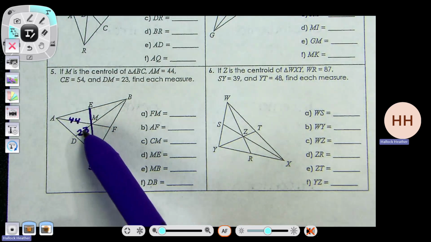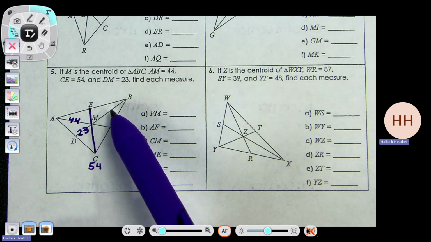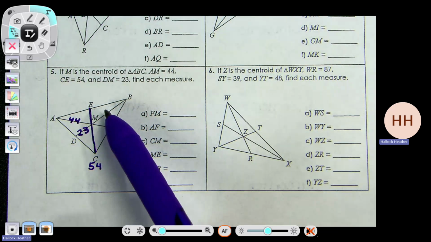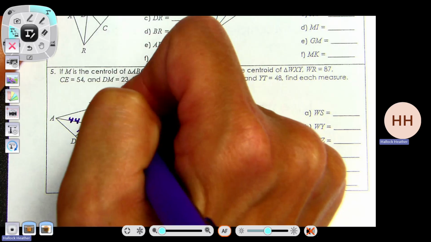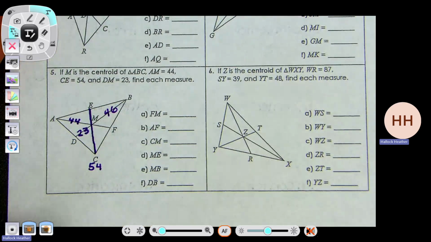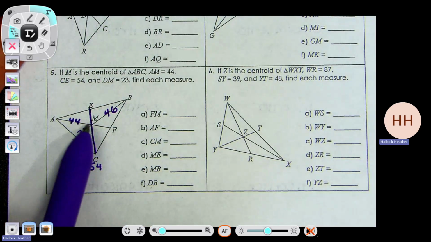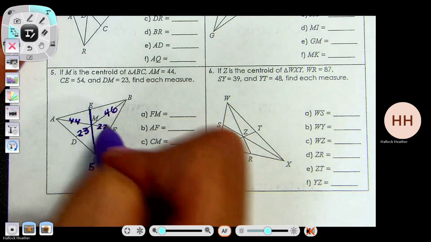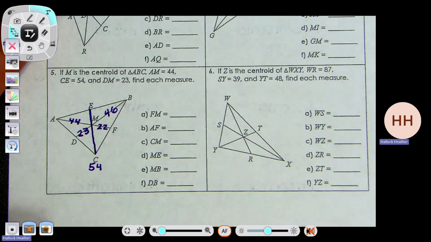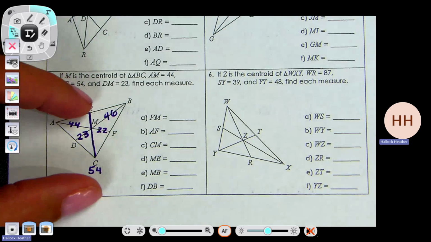So if this piece is 23, we'll start with the small piece. How much is the bigger piece on the other side? 2 23s, which technically is 46. You could put 23 twice, like we did yesterday. I'm just going to put 46 for today. The big piece over here is 44. So how much is the small piece? 22. Now, 54 is the whole line.